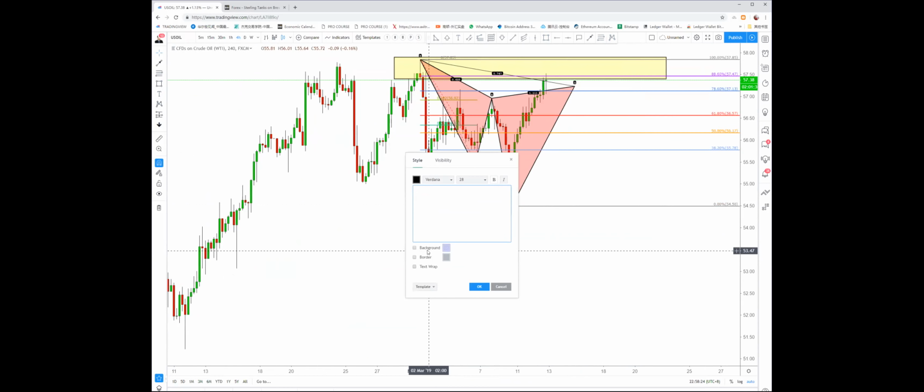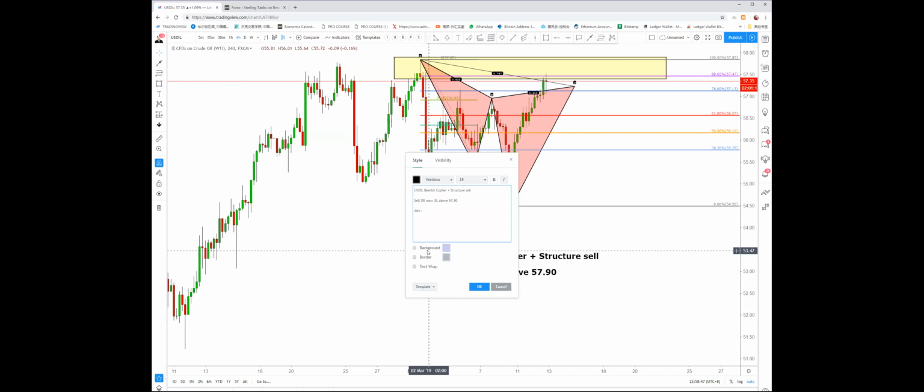Let me just post the plan in TradingView. Bearish cipher plus structure, sell. So sell oil now. Stop loss above 57.90.